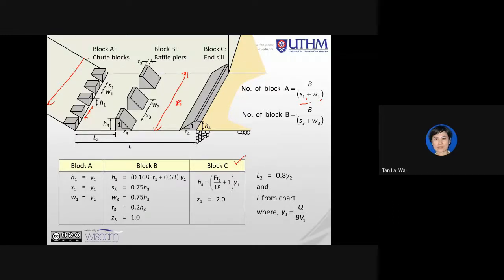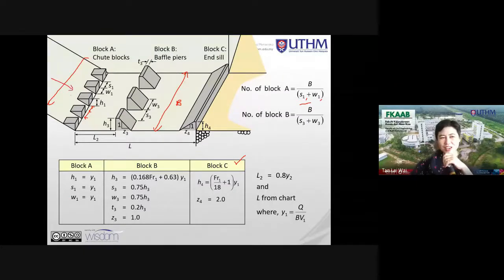Basically, you need to understand how to use the formula. Look at this. Once you get y1 correctly, that means the depth of flow coming down. Of course, this Froude number is very high, much greater than 1.